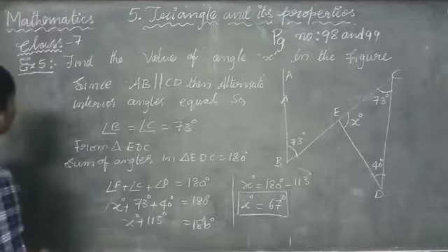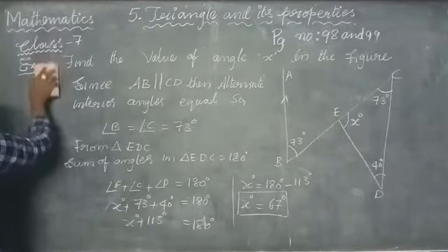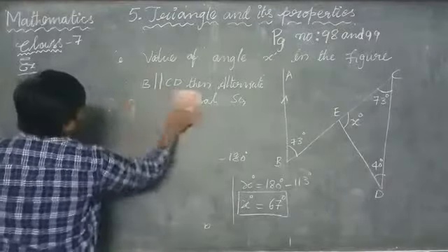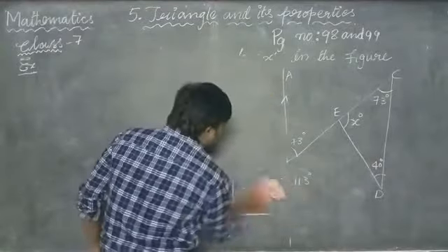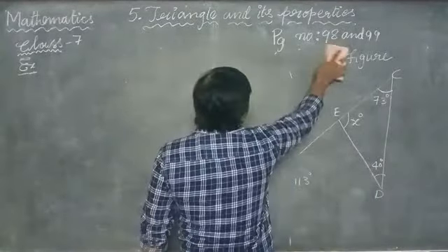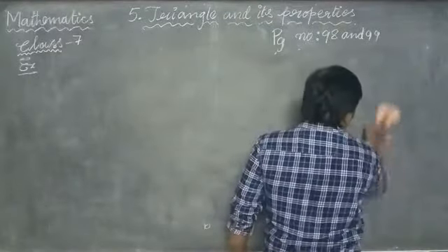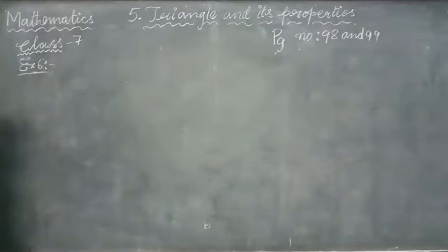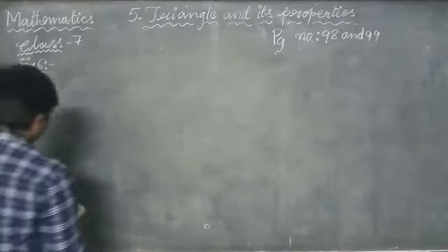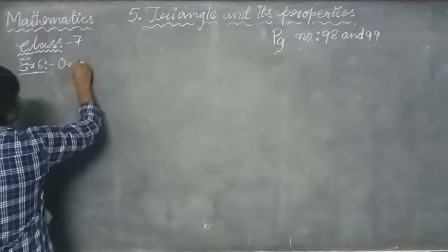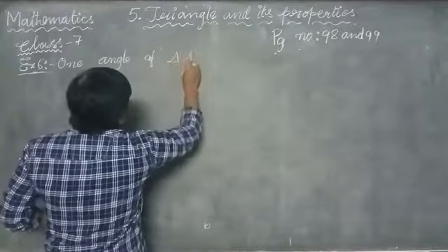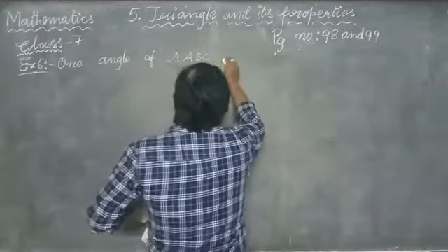Now let us see example 6. One angle of triangle ABC is 40 degrees.